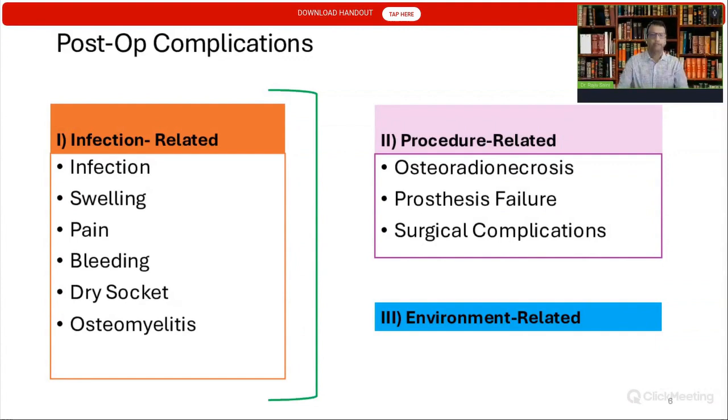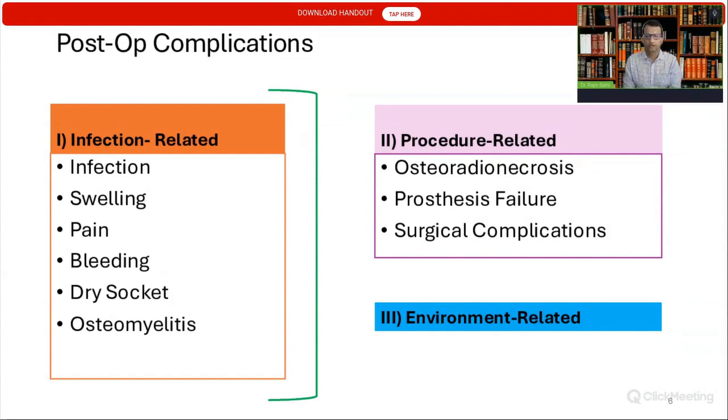The procedural-related complications stem from the dental procedure itself and may involve operatory-related issues like applying excessive force during tooth removal, nerve damage, or improper prosthesis technique leading to implant failure, or crown fracture. The third kind of post-operative complication is environment-related.